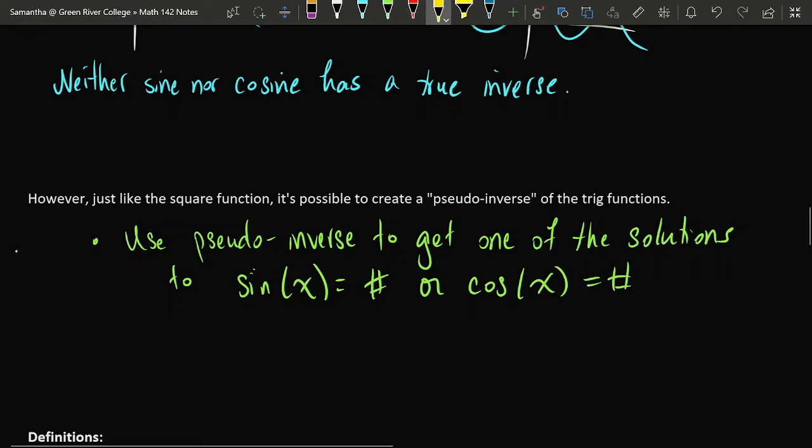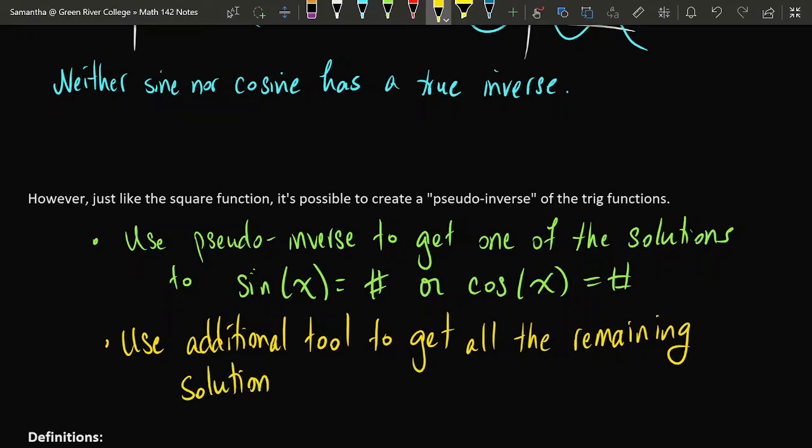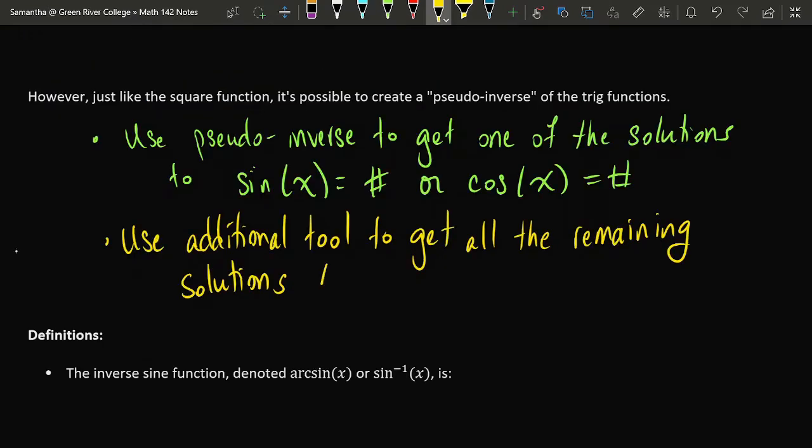And then we're going to use an additional tool, just like plus minus, to get all the other solutions to these equations. And spoiler alert, the additional tool that we're going to use is going to be the unit circle.